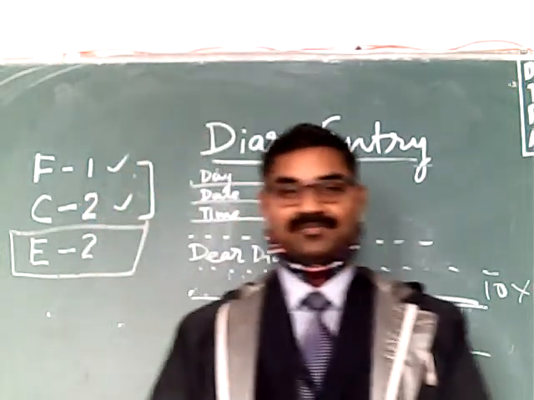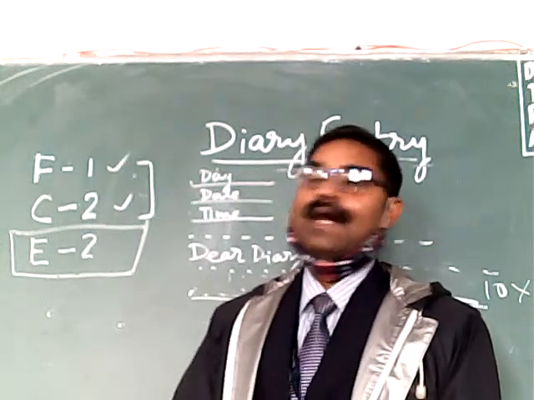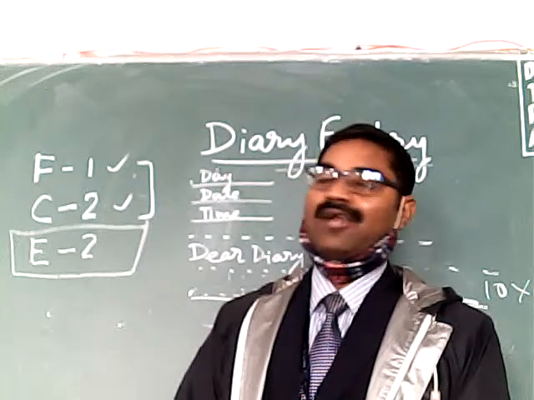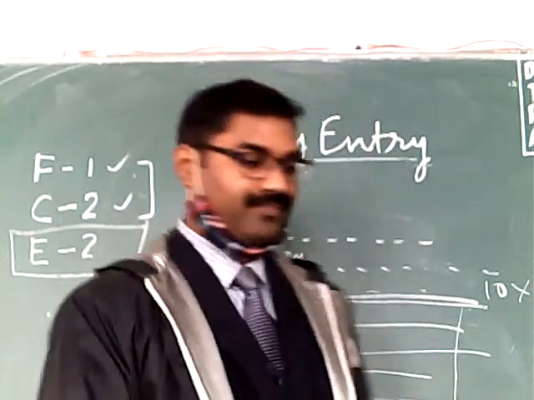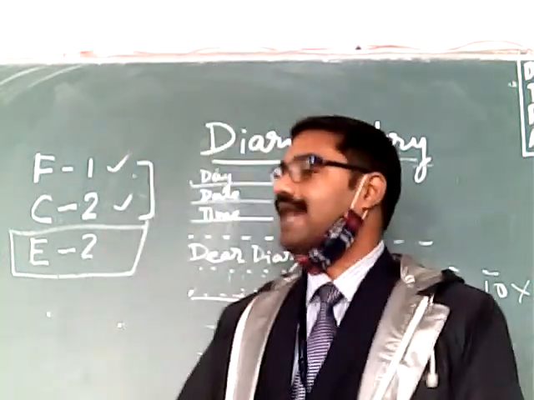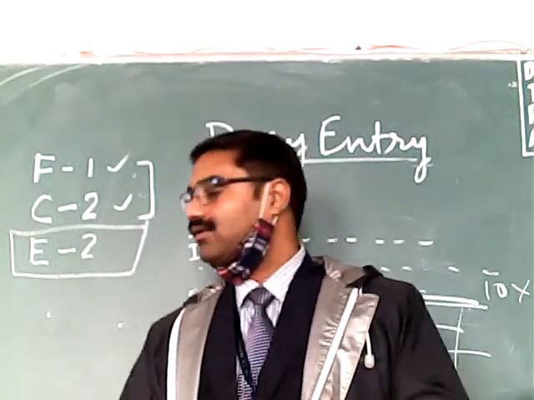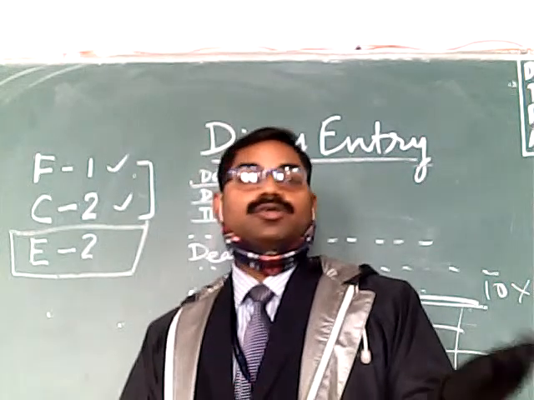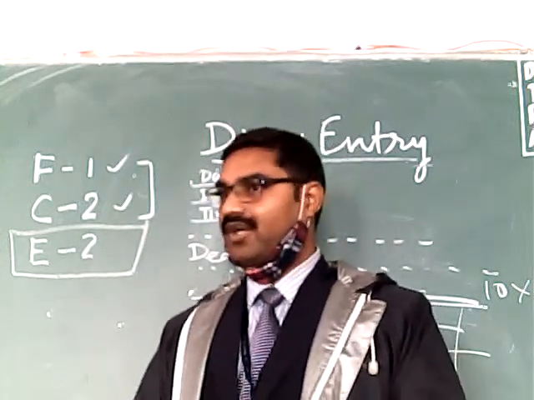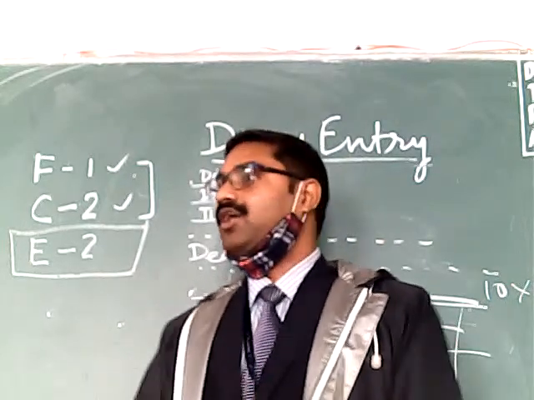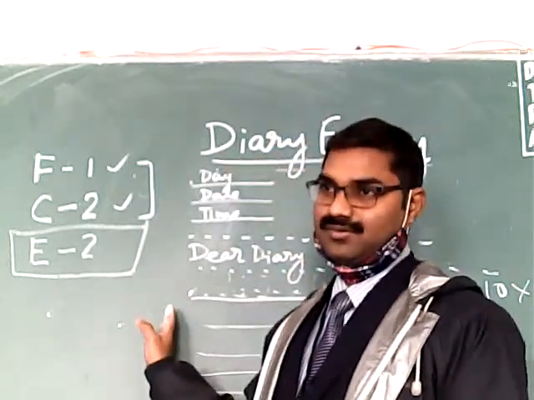It is optional. Now learn this, that a diary entry is something in which you talk about your past. You all the time talk about the activities that have already taken place. So when you are describing your past activities, you will have to make use of past tense. Basically, we make use of simple past tense.